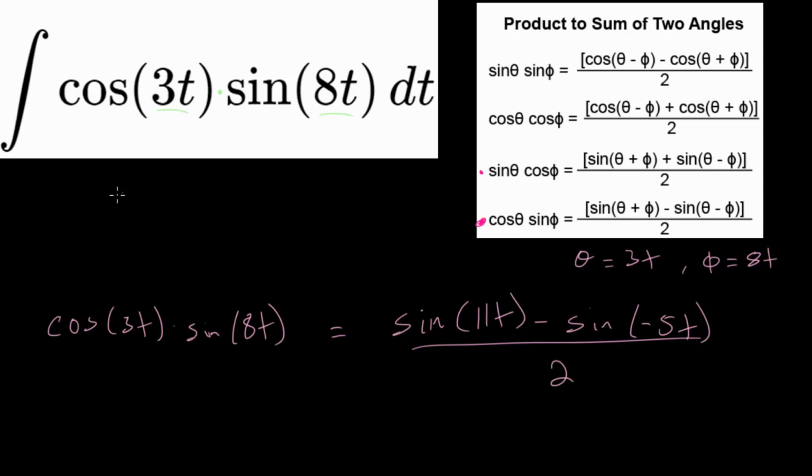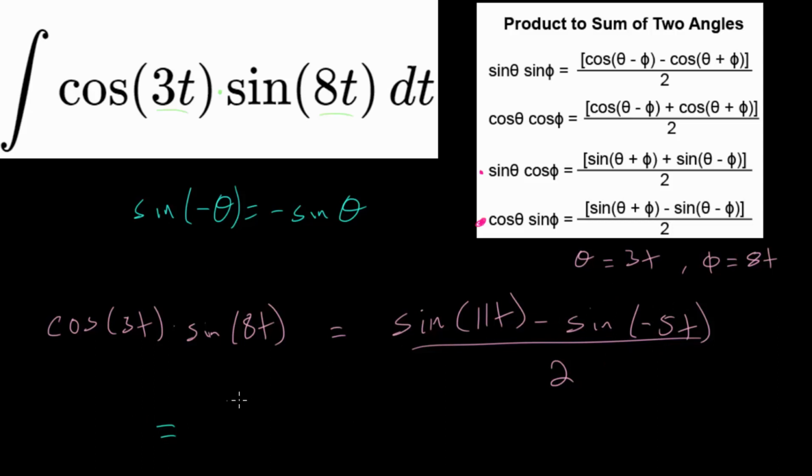Now, if we want, we could also use another trig identity: the sine of negative theta is equal to the opposite of the sine of theta. We can use that here so that we can essentially drop both negative signs.